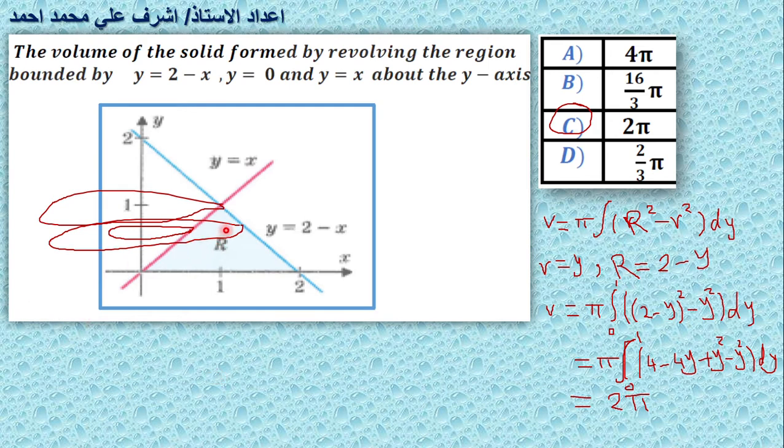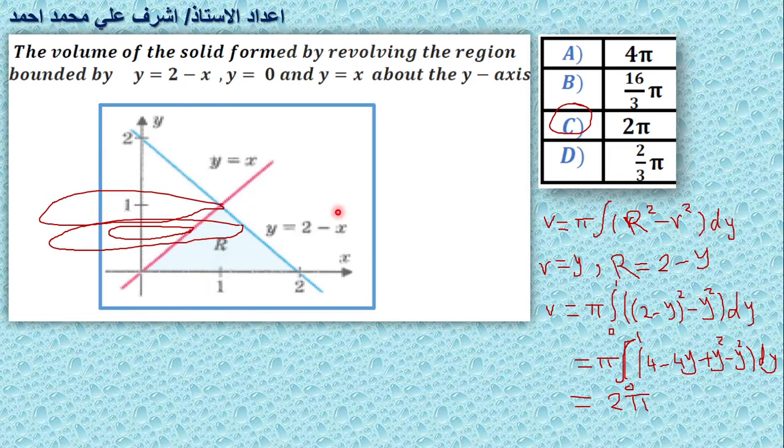The simplest method here is washer. V equals pi times the integral of the largest radius squared minus the smallest radius squared dy, because we are revolving about the y-axis.